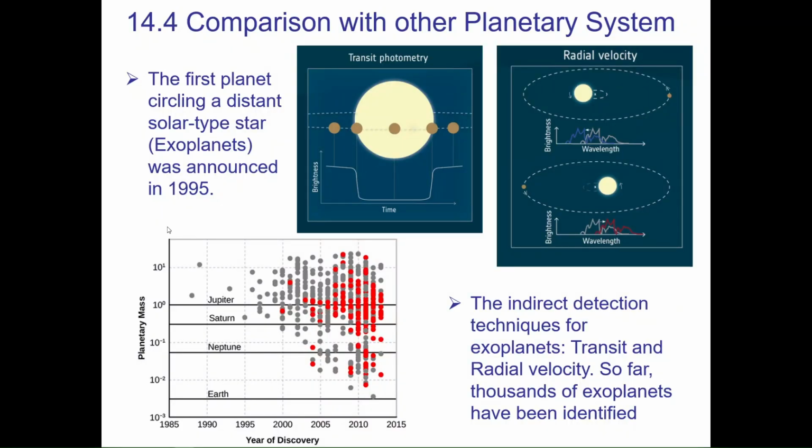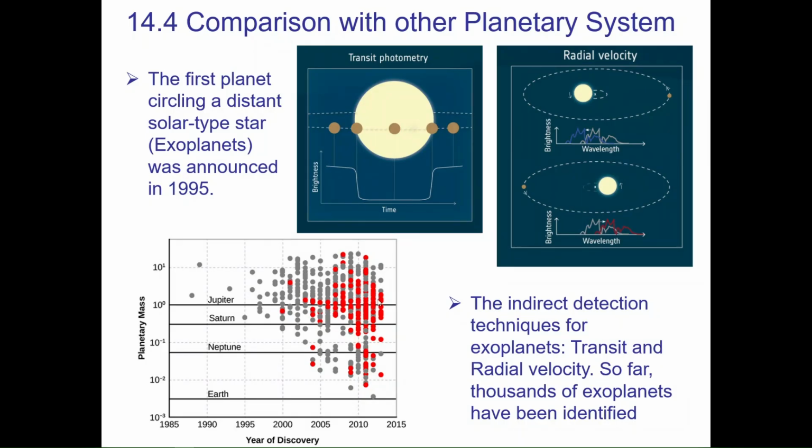If you take a look at this graph, it shows how many exoplanets, in terms of mass, are observed by these two detection techniques. The gray dots are the exoplanets identified by the radial velocity technique, and the red dots are the ones identified by the transit photometry technique.